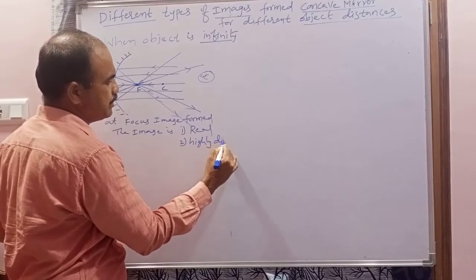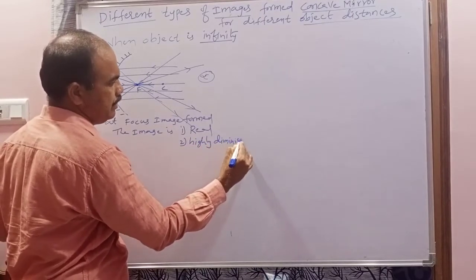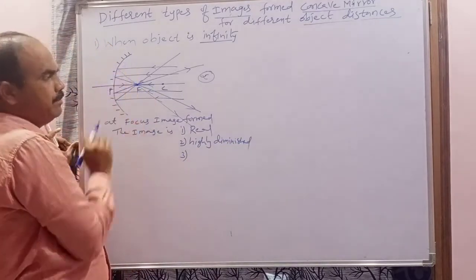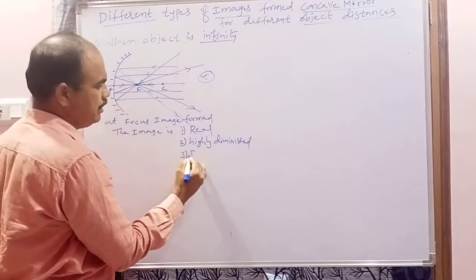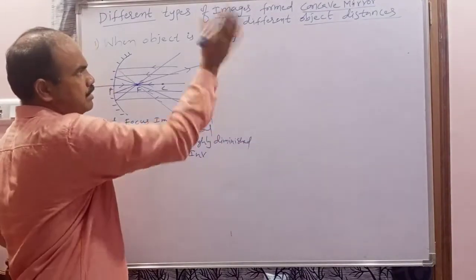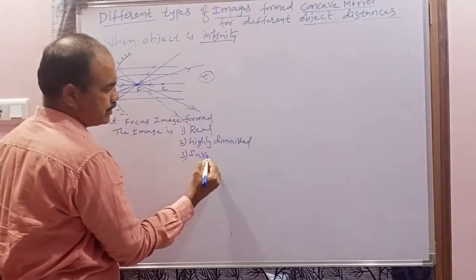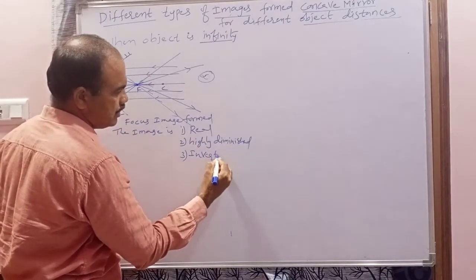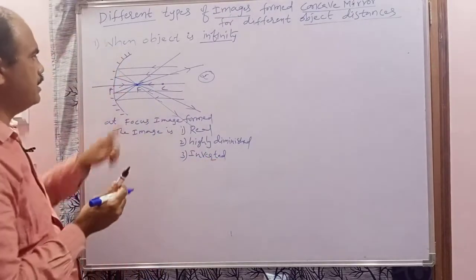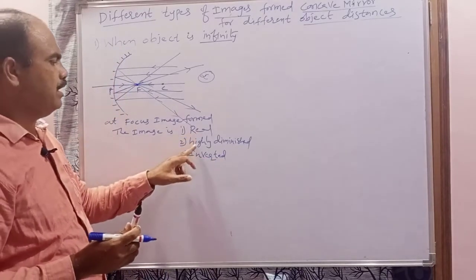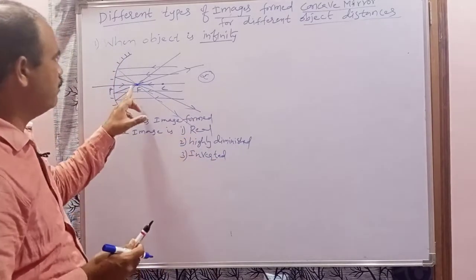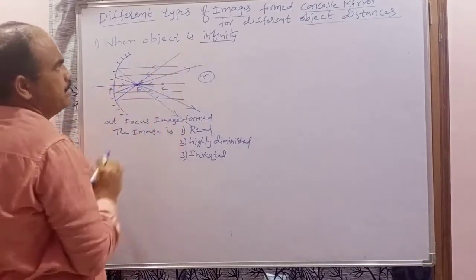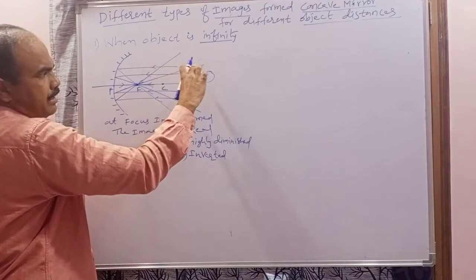It is also an inverted image. If the object is above the principal axis, the image will be below the principal axis. But it is point size, that's why it is not appearing to us. So what are the characteristics of this image? Real, highly diminished, inverted. Where is the image formed? At the focus.